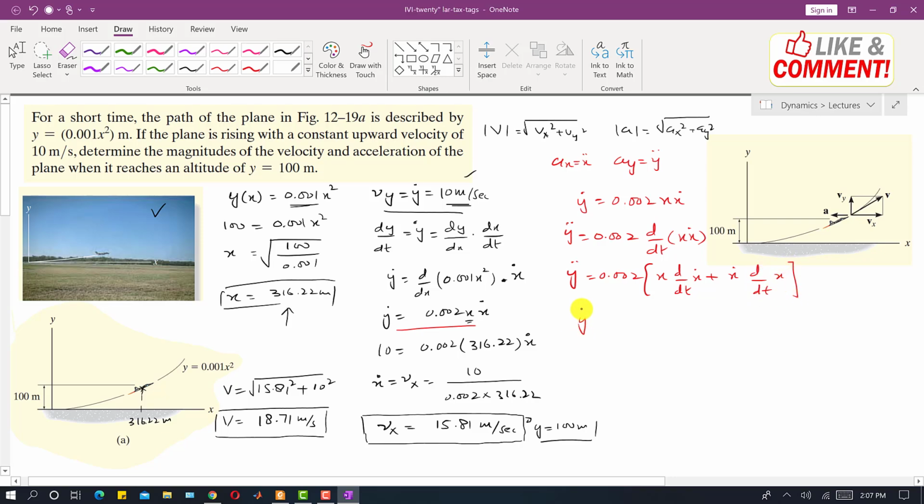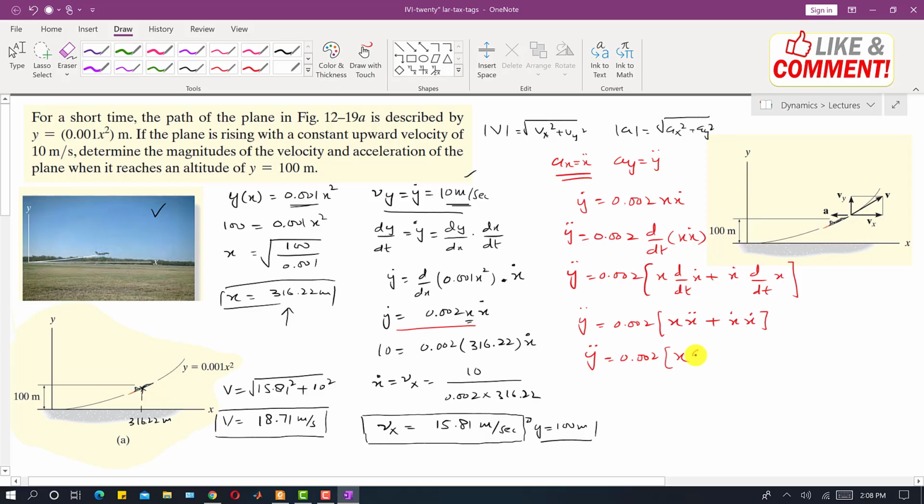So then y double dot is 0.002 times x times x double dot, plus x dot, and this dx by dt will become x dot again, right? So we can write it like this: y double dot is 0.002 times, x double dot is ax, right?